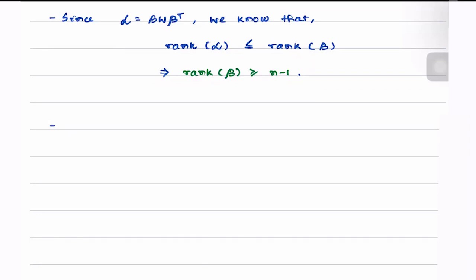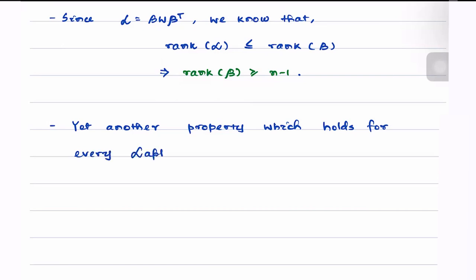We can say one more thing about the rank of B, that is, yet another property which holds for every Laplacian, every incidence matrix B with dimension n cross m: 1 n transpose B is equal to 0 m transpose.